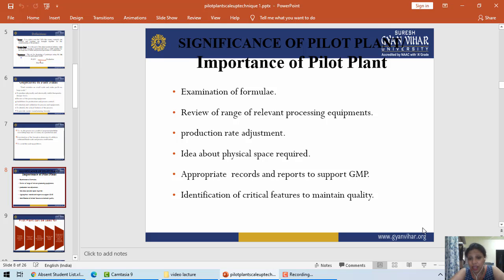Every process has certain critical features, and to maintain the quality of the product, these critical features should be identified.